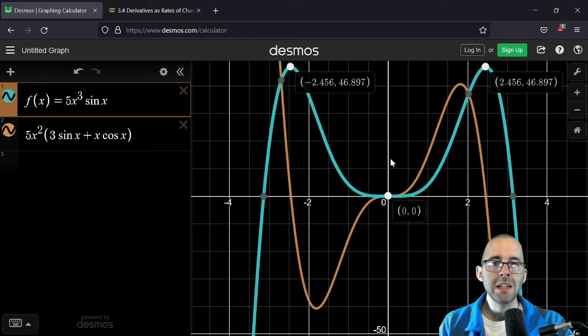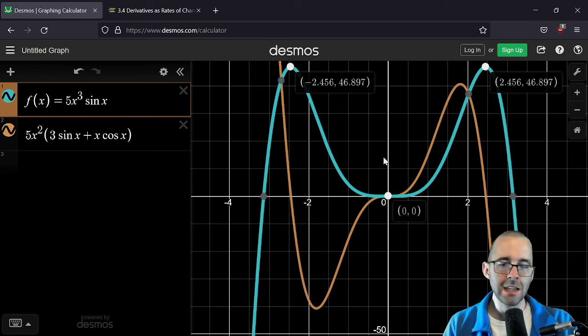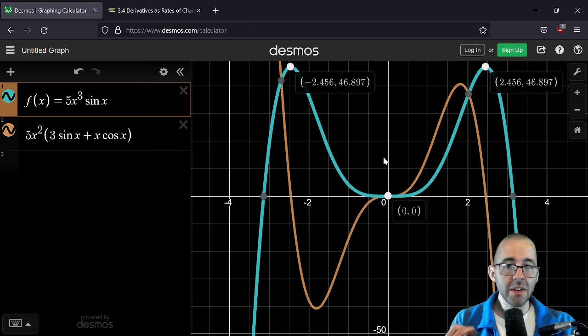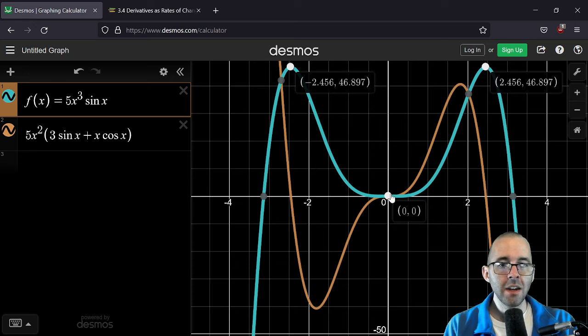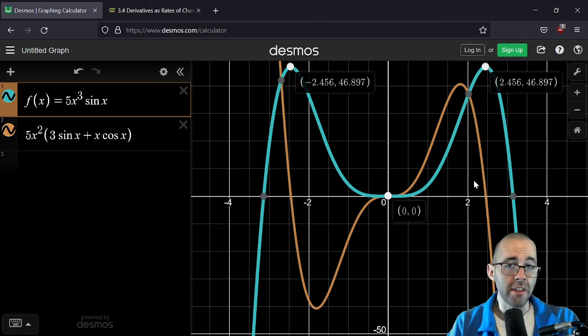Horizontal tangent line means the derivative needs to be 0. Is the derivative 0 at these points? Well, the derivative is the orange graph. When x is negative 2.4, the orange graph is 0. Here, the orange graph is 0, and here, same x coordinate, the orange graph is 0. Good. So that's one way to tip us off. It doesn't prove that we're right, but it helps us know.